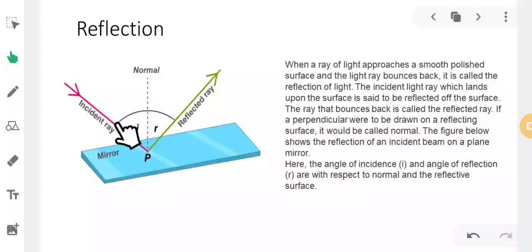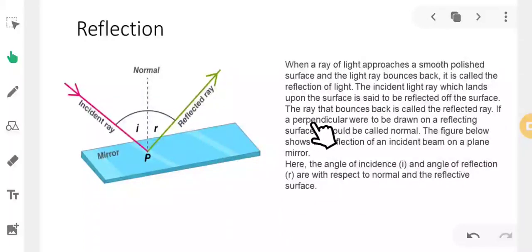This incident ray which falls on a polished surface is bounced back. And when it's bounced back, this rebound ray is known as your reflected ray. So, the ray that bounced back is called the reflected ray.